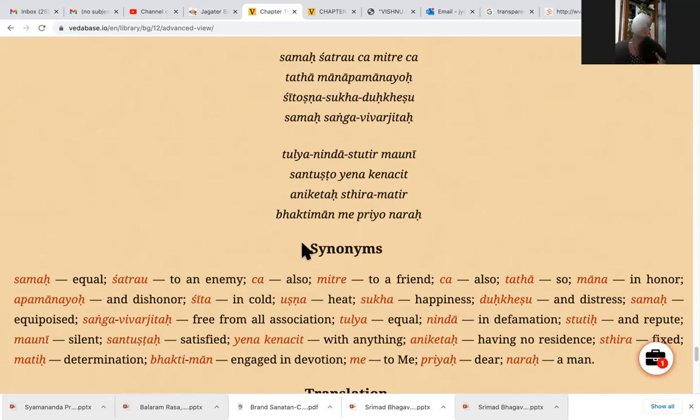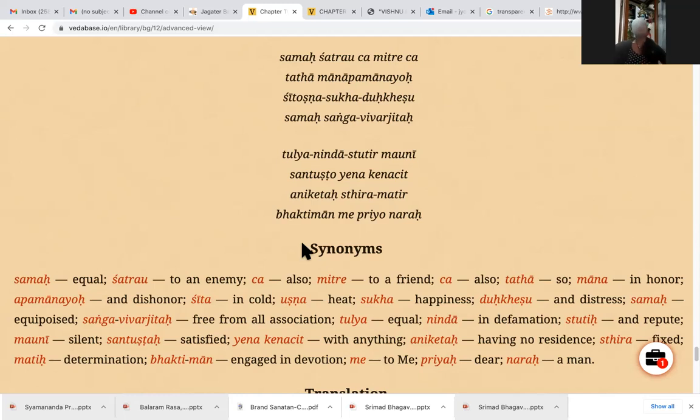In verse 19, tulya ninda stutir mauni. So ninda is of course to defame someone or to unnecessarily say things that dishonor a person. Tulya means again balance. Ninda is to defame.